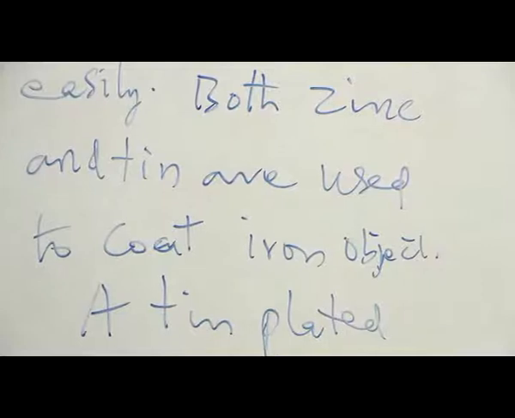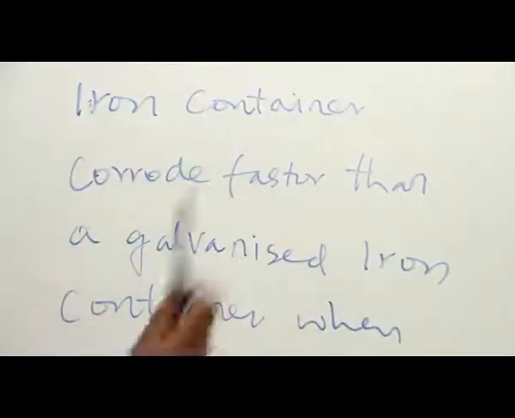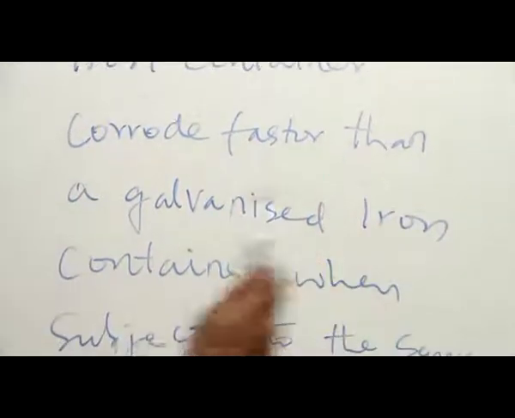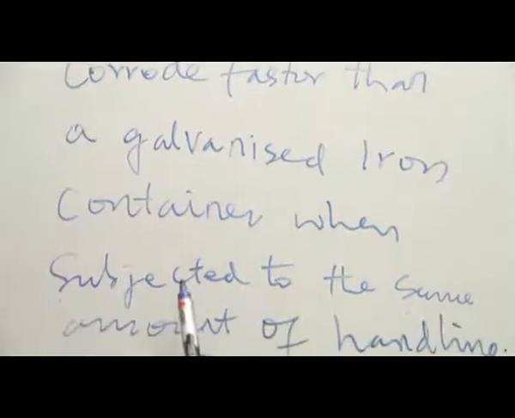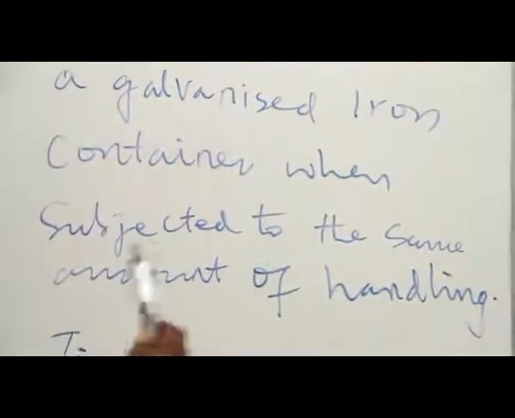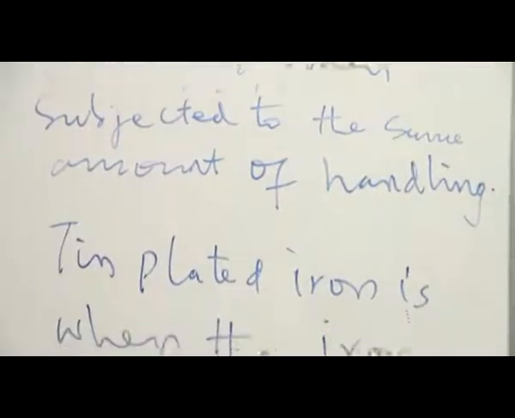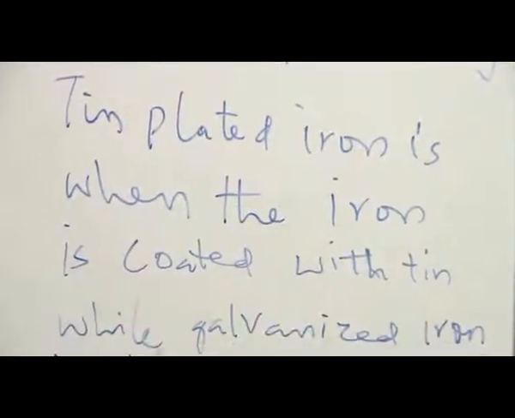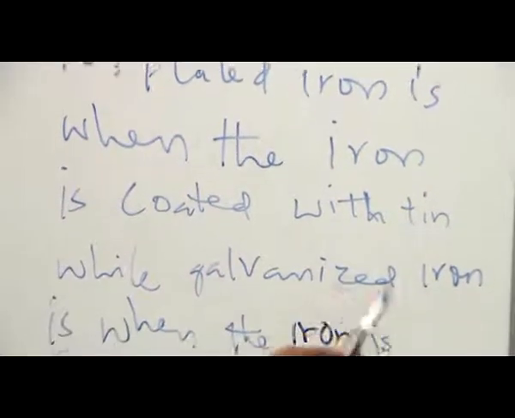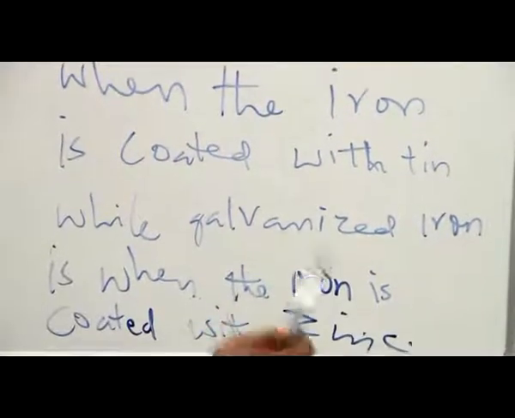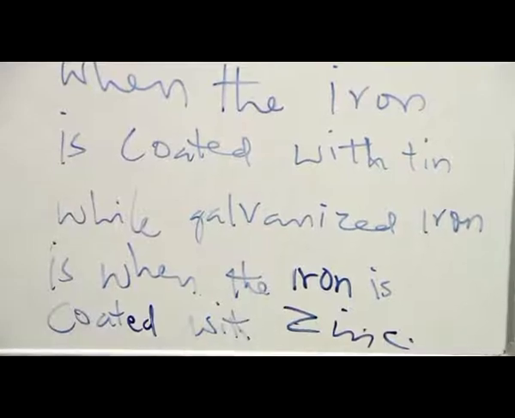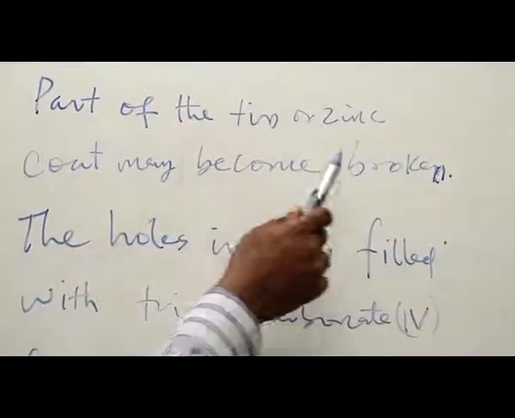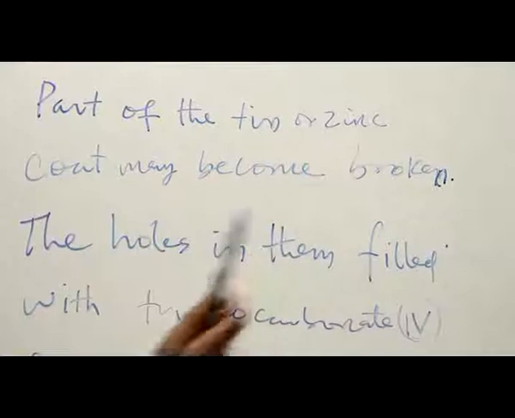A tin-plated iron container corrodes faster than a galvanized iron container when subjected to the same amount of handling. Tin-plated iron is when the iron is coated with tin, while galvanized iron is when the iron is coated with zinc. Part of the tin or zinc coat may become broken.